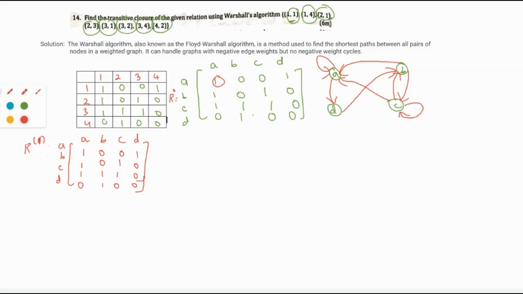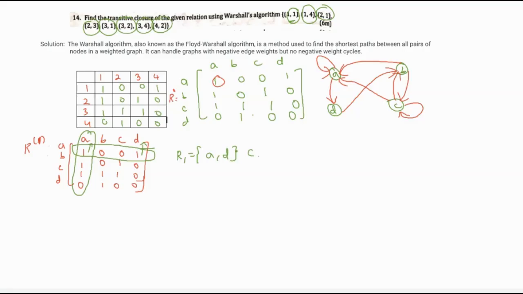Now what we are going to do is select the first row and the first column. So we are selecting the first row. Now you see in the first row, where are the 1s? 1 is there in A place, so we'll write A. 1 is there in D place, so we'll write D.